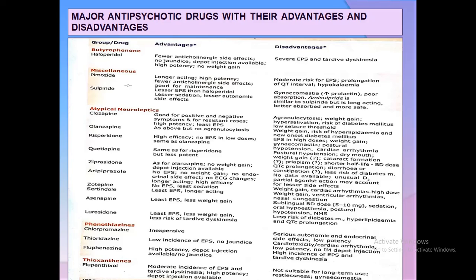Next drug group is thioxanthenes, and drug being flupentixol. Advantages are moderate incidence of extrapyramidal syndrome and tardive dyskinesia, high potency, depot injection available. Disadvantages are not suitable for long-term use, restlessness, gynecomastia.